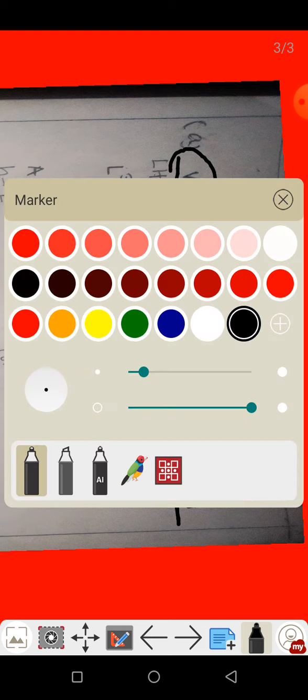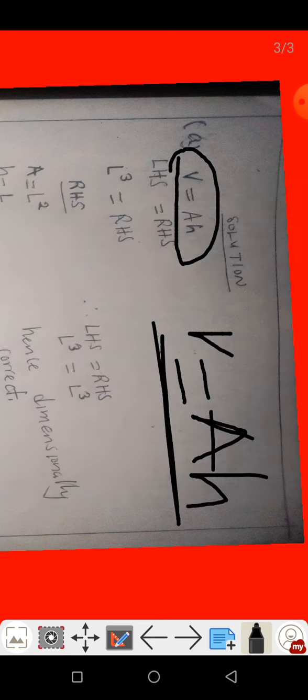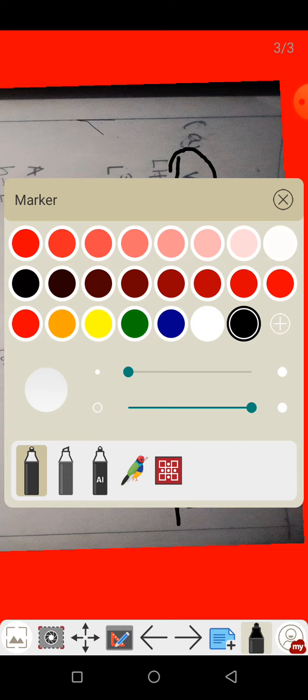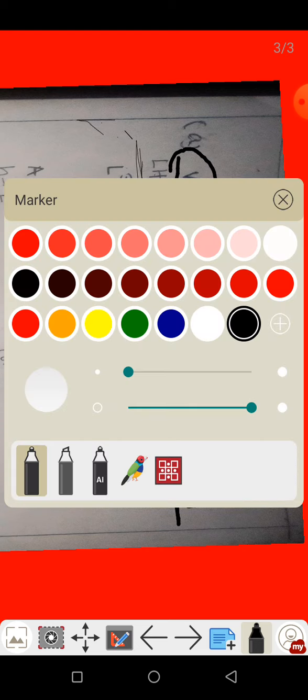For the formula to be dimensionally correct, the left hand side must equal the right hand side.